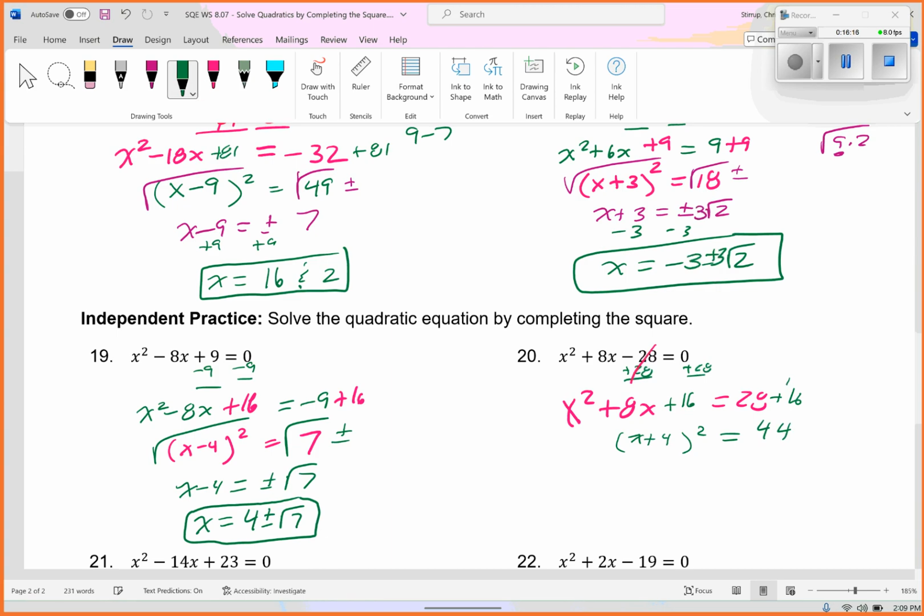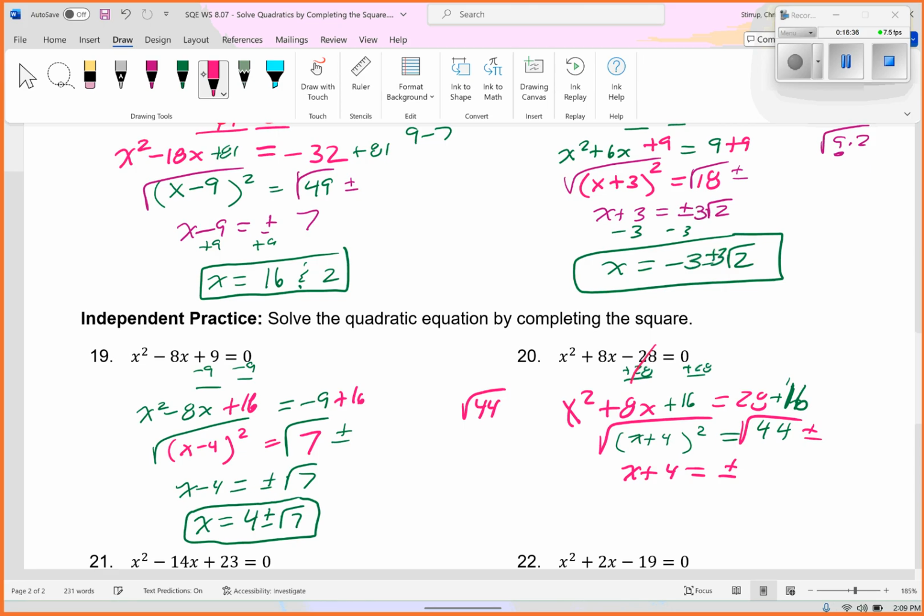So 44. Is that right? This is a 16 right here. All right. Ready? Root. Don't forget plus minus.